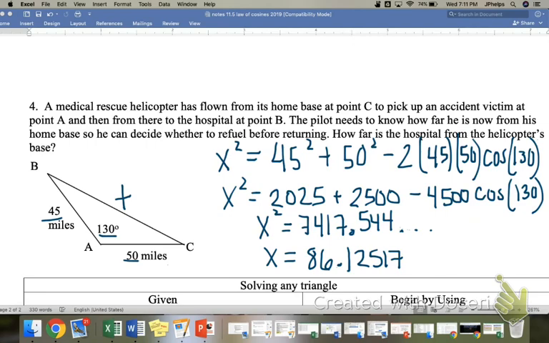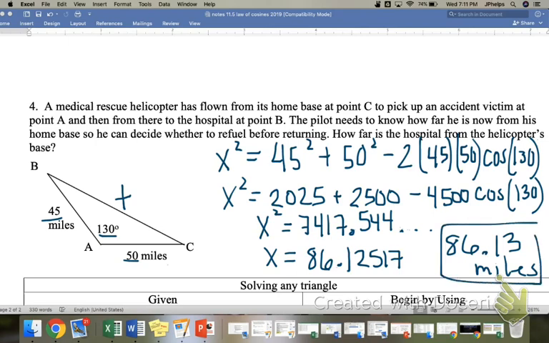We get that the distance from the hospital to the base location is 86.12517, and this is miles, so we want to round that to approximately 86.13 miles. And that is answering the original question of what that distance is.